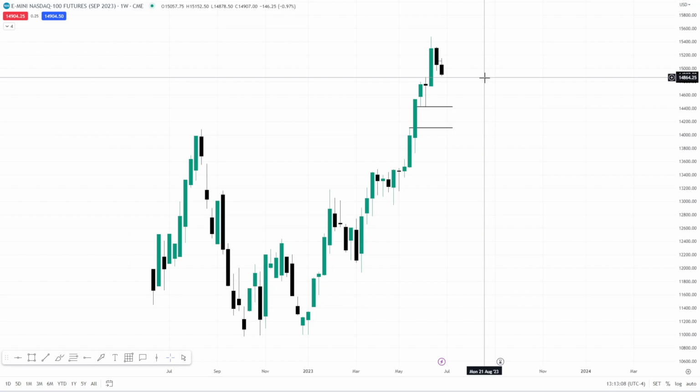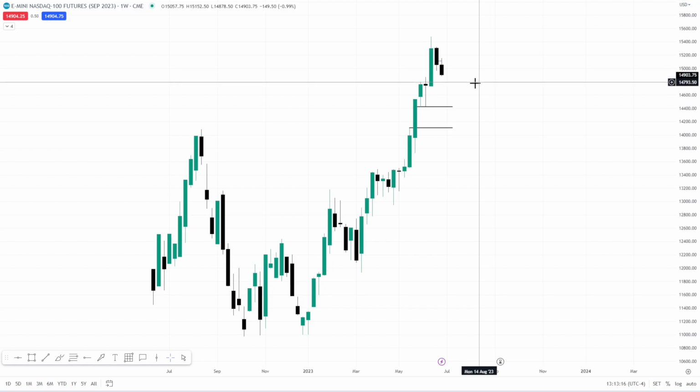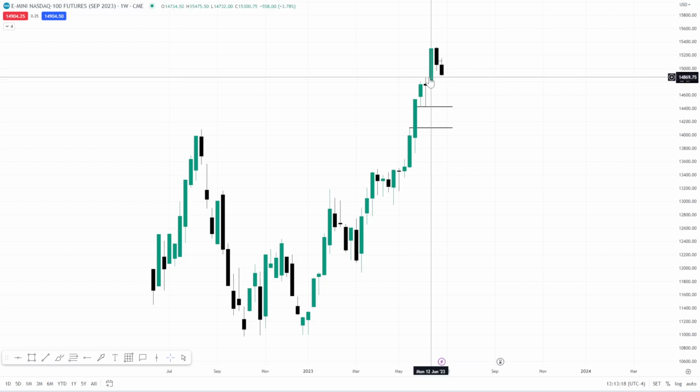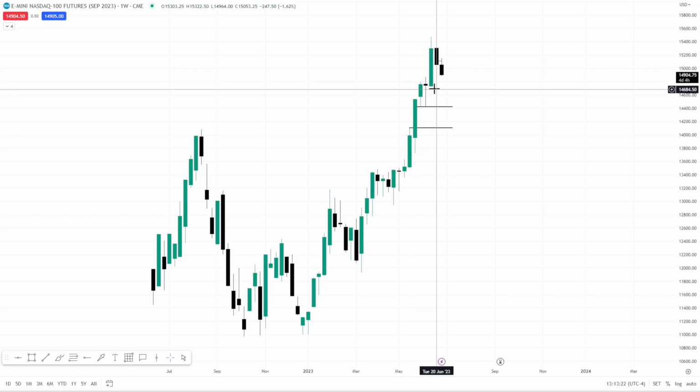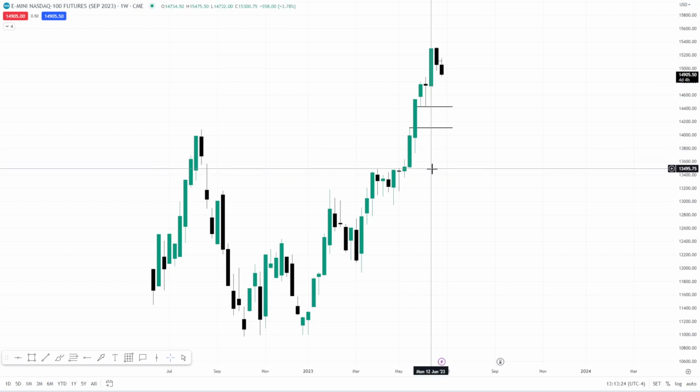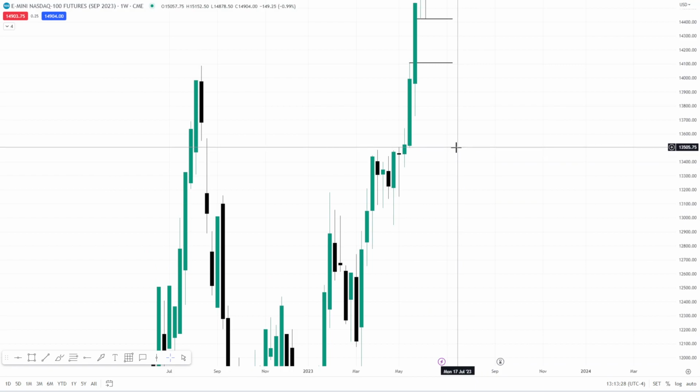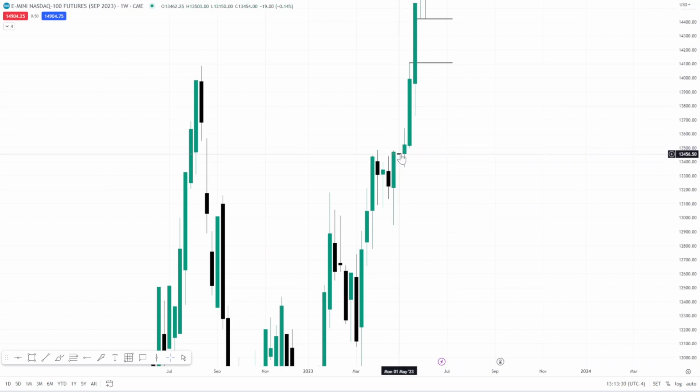We might see, let's see, this is 148.69. So we might see an initial dip into here and a reaction, as you could treat this like an order block. Same thing like this.